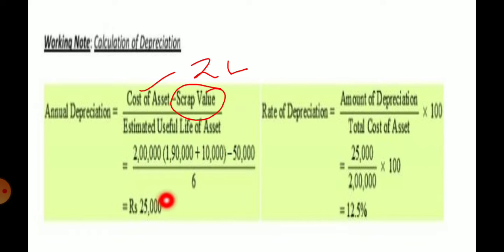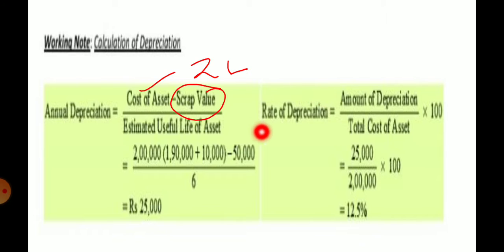So the amount of depreciation will be 25,000. How? 2 lakh less 50,000 divided by 6 years. Okay, so this will be the annual depreciation.